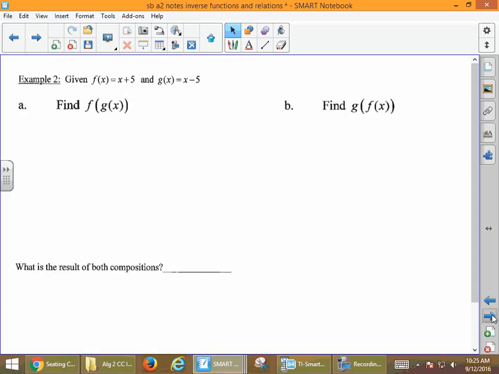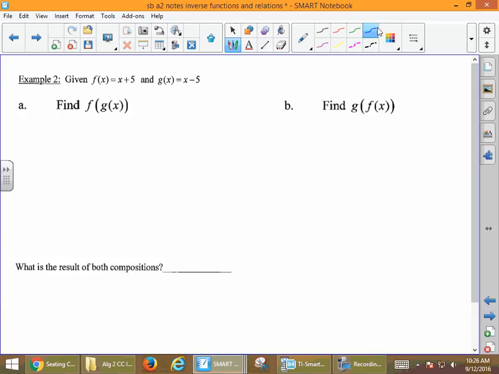So when we're looking at these, it says, given the function, for example 2, f of x equals x plus 5, and g of x equals x minus 5, we need to compose those. When we compose that, remember we're going to start farthest to the right.